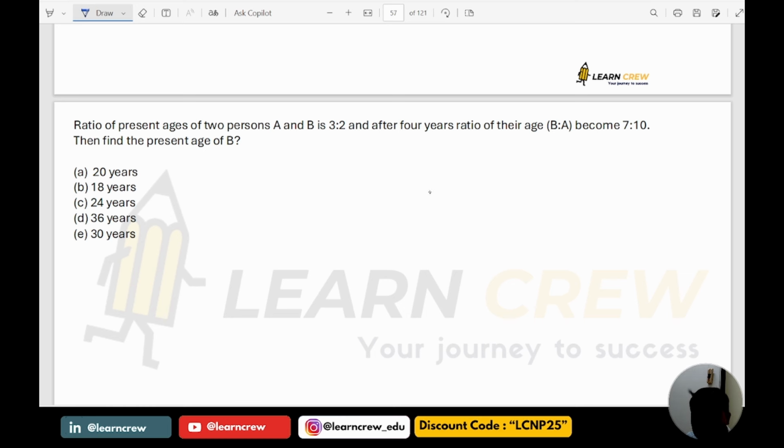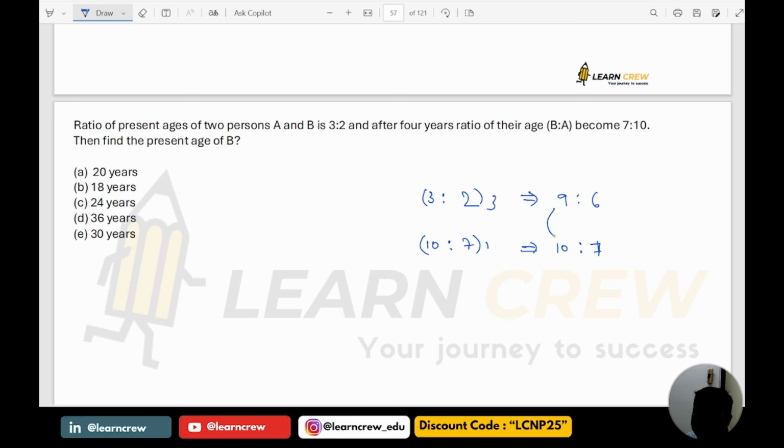So 3:2 now, and after 4 years it is 10:7. What is the difference here? 3. What is the difference here? 1. Multiply this with 3, this with 1. So you will get this as 9:6.